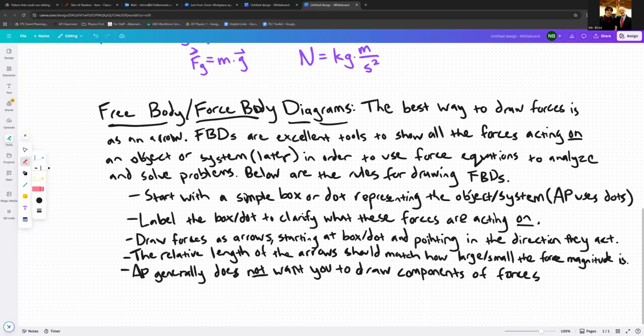So AP generally does not want you to draw components of forces.